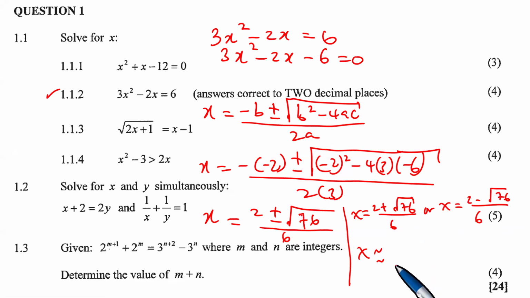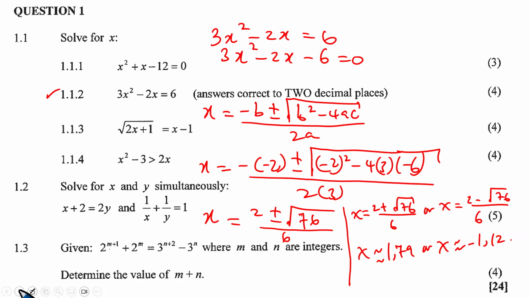The one with the plus is going to be 1,79, and the other one is going to be minus 1,12. So these are the answers correct to 2 decimal places, and we have solved question 1.1.2.